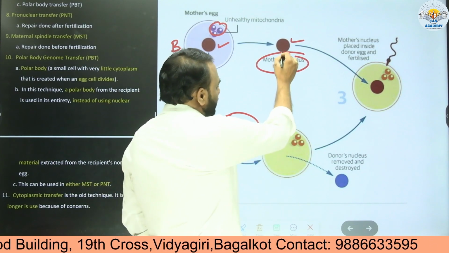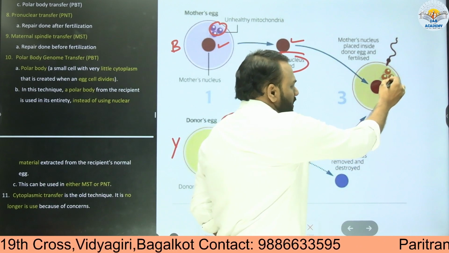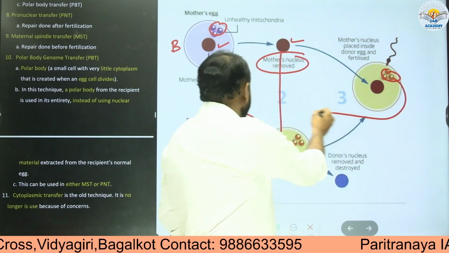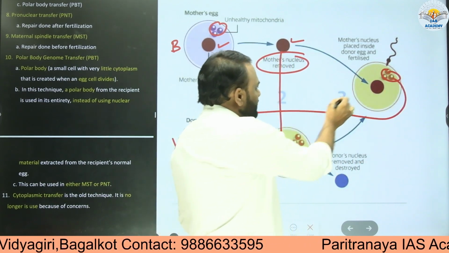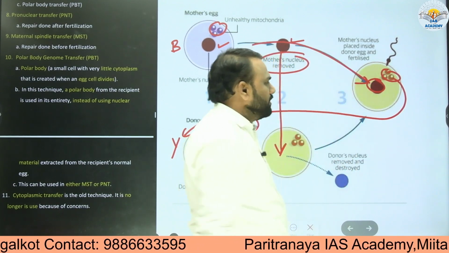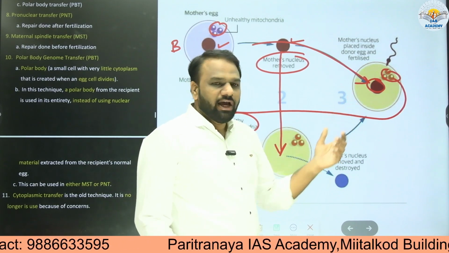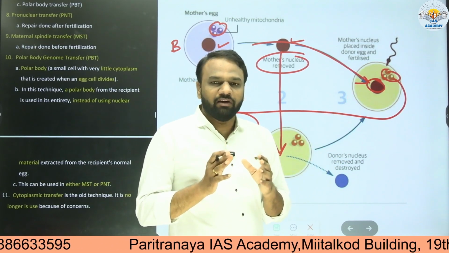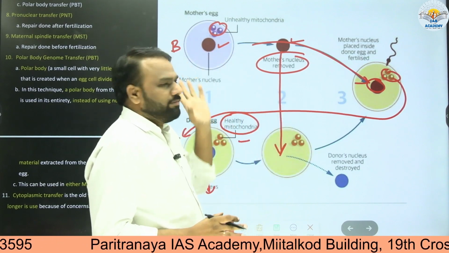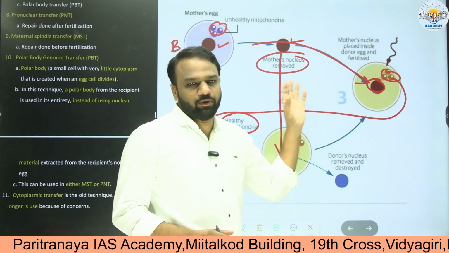So here in this blank, we'll come and add it. So this is the case. So here the healthy mitochondria we have received from Y, whereas this nucleus has come from B. So it means this egg cell has characteristics predominantly inherited from B. And at the same time, it does not have defective mitochondria.